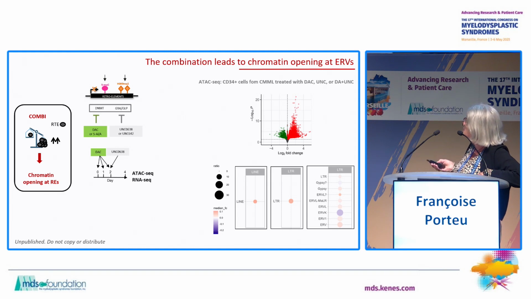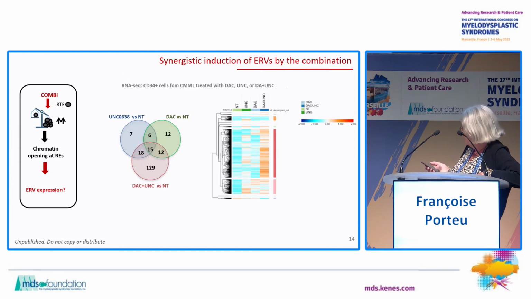So focusing on endogenous retroviruses, we thought that these retroviruses can be expressed in the cytosol. And we looked at RNA-seq, and indeed, we found that although each inhibitor alone doesn't have much effect on the expression of retroelements, the combination really synergistically induces many of them, which are specific for the combination.